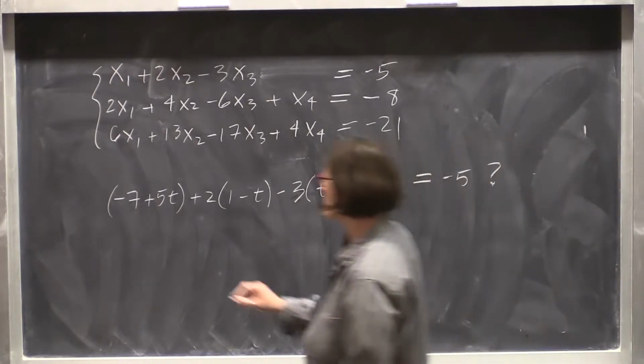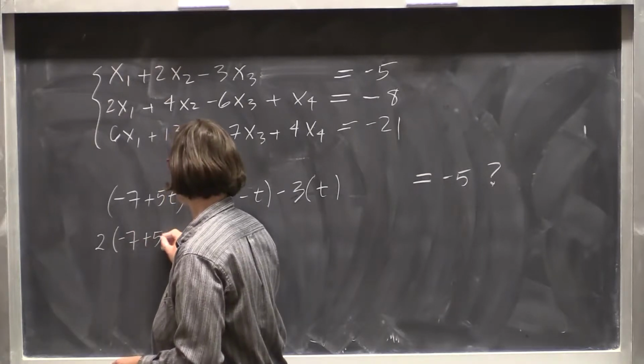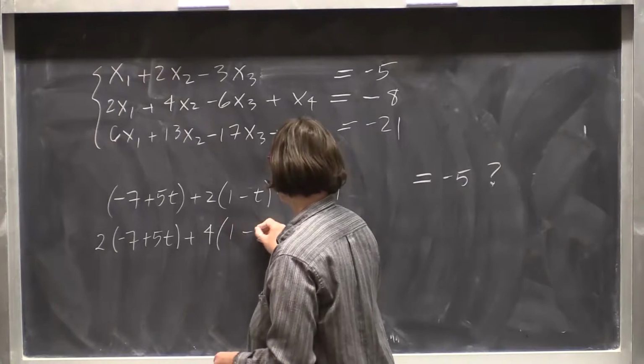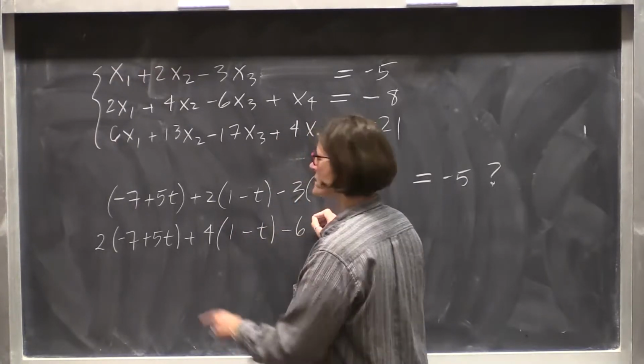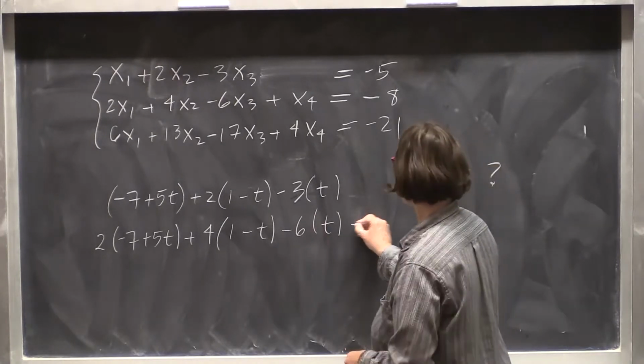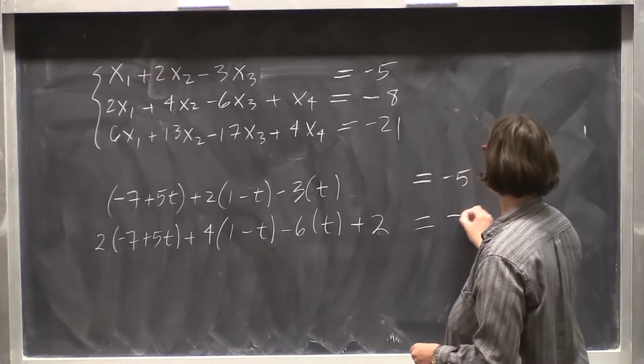My second equation is 2 times x1, so that's 2 times minus 7 plus 5t, plus 4 times x2, x2 is 1 minus t, minus 6 times x3, well, x3 is t, plus x4, well, x4 is 2. And I want to know if that equals minus 8.